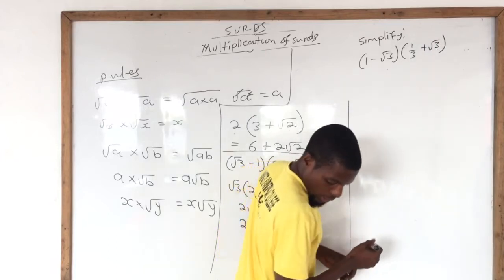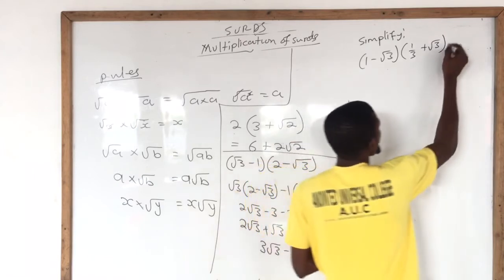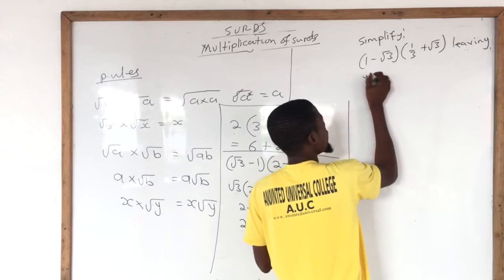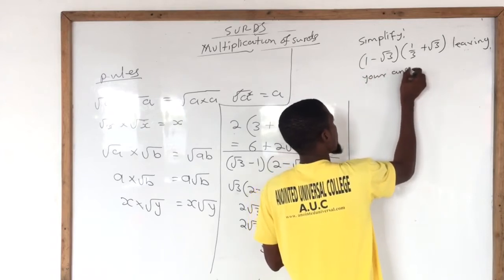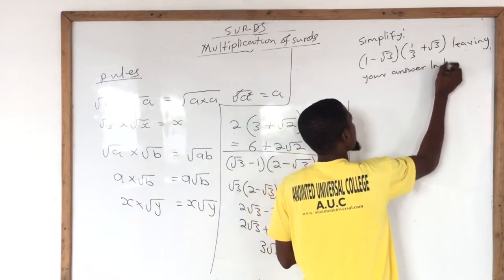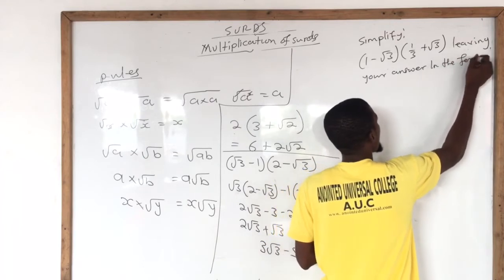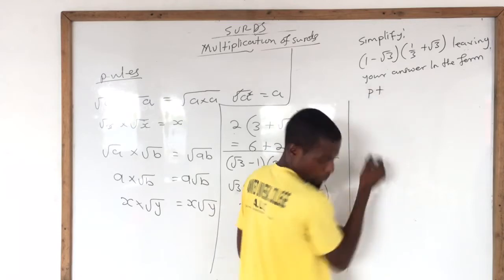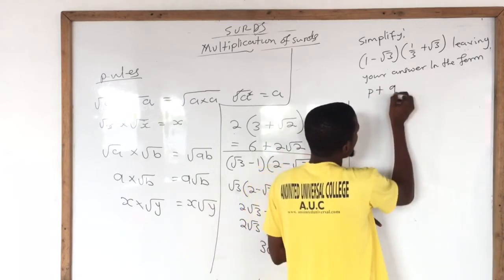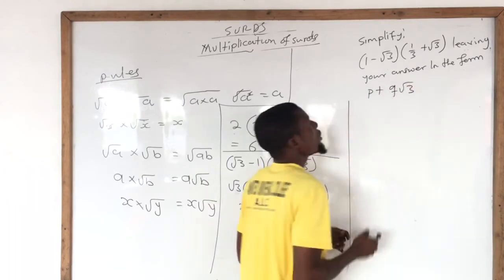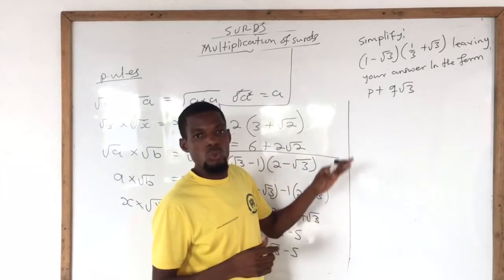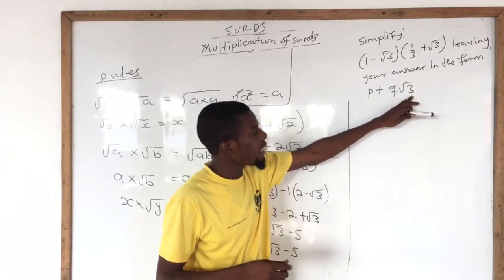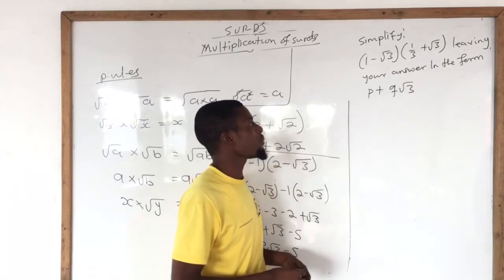They said leaving your answer in the form p plus q root 3. Which means they are expecting you to leave your answer in this format. So you must definitely get something like root 3 in your expression.